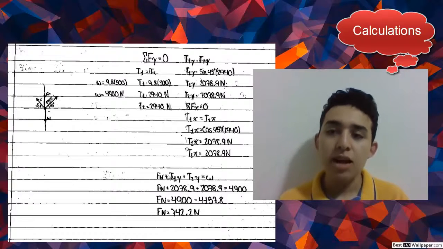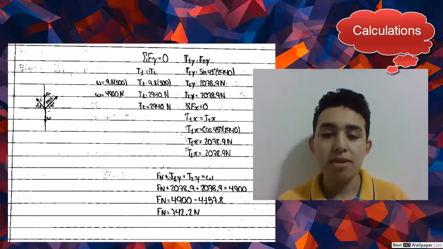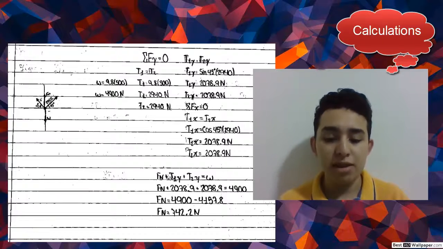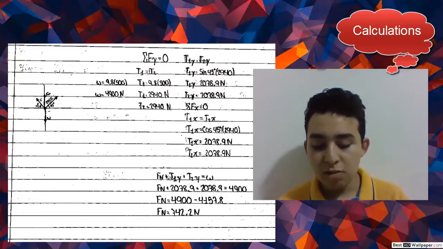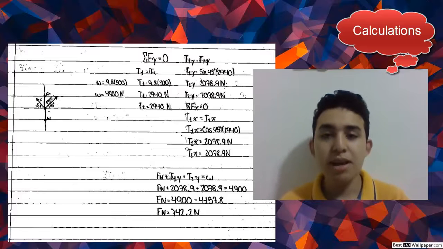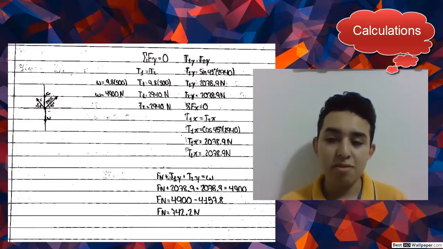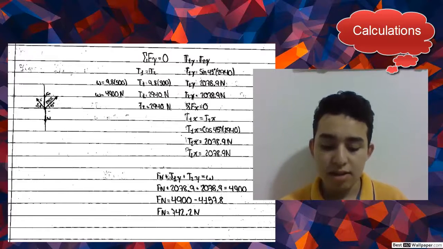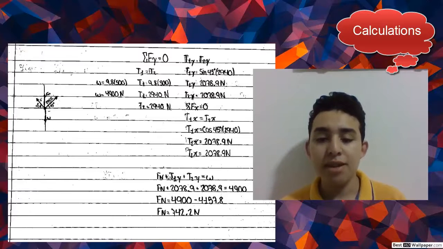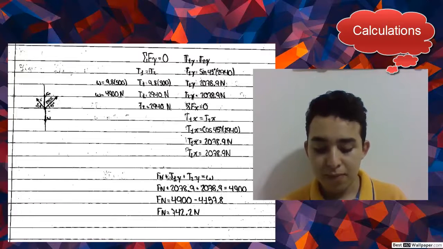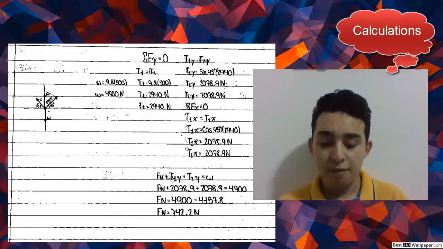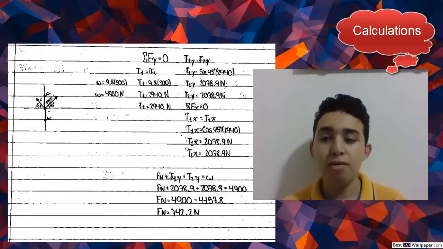The tension in Y and the tension in X will be equal because it's the same angle of inclination. So the tension is the gravity multiplied by the grams that they support, that is 300. So it's 9.8 multiplied by 300, that is 2,940 newtons for both tensions.